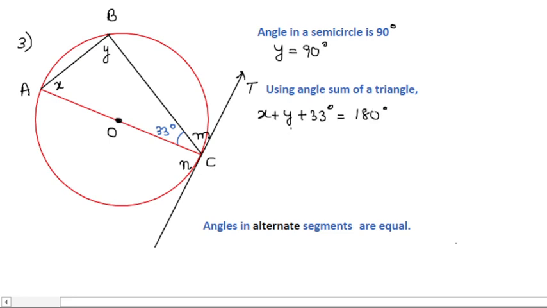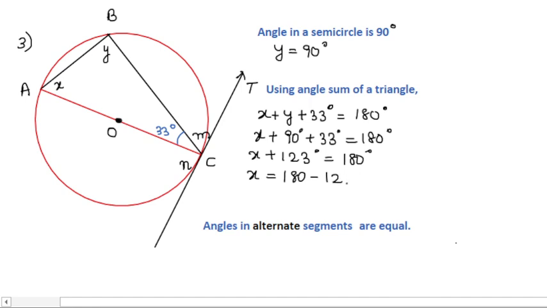Now I know my y is 90 from the previous part, so I replace y with its value, which is 90, and I get a sum of 180. I solve for x, so x plus 123 is 180. Eventually, I get x is equal to 180 minus 123, which gives me x is equal to 57 degrees. So I know x, I know y.